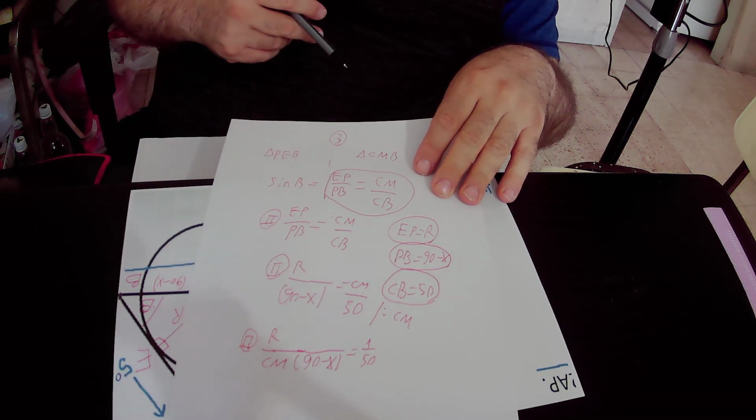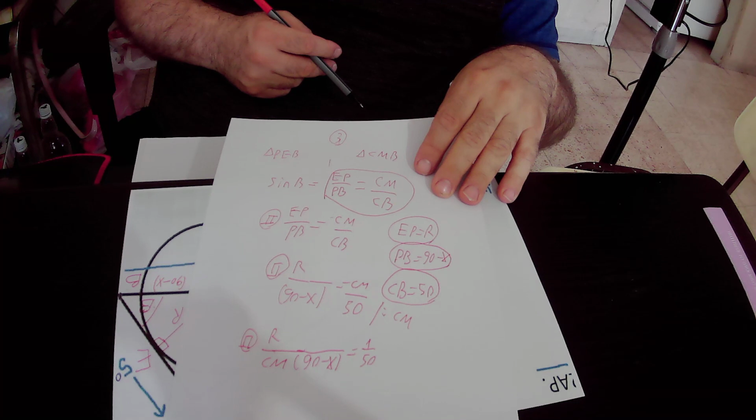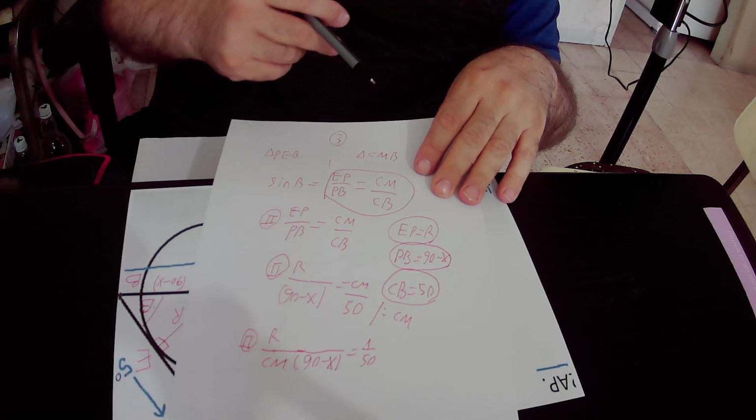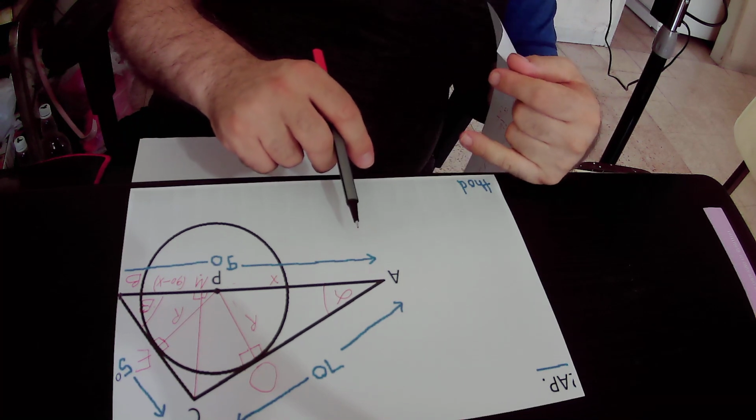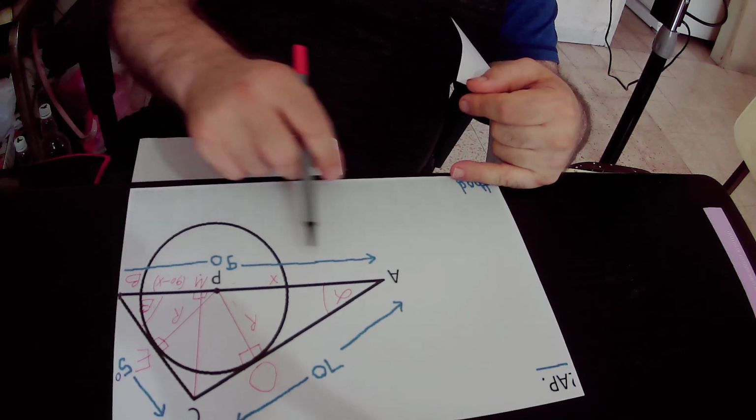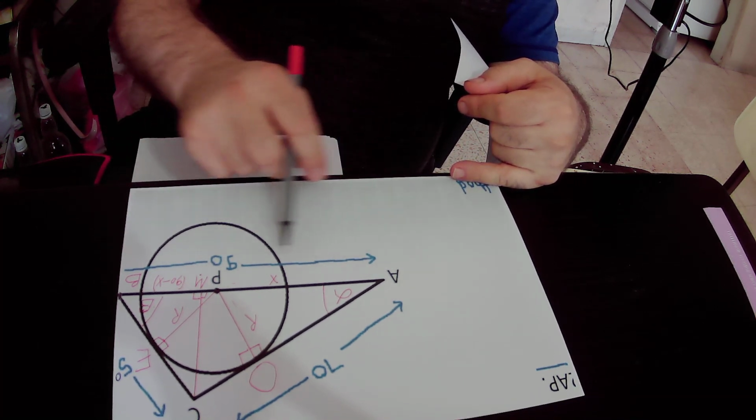In the next step, we'll multiply both sides of the equation by 90 minus x. Again, it is allowable because 90 minus x must be a positive number, because x is less than 90.